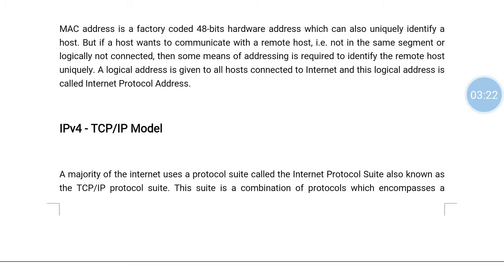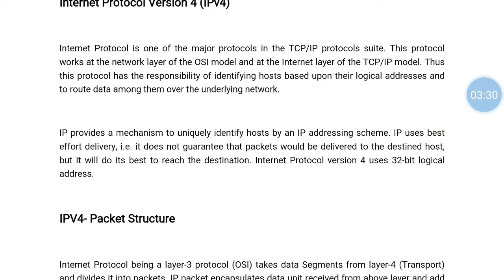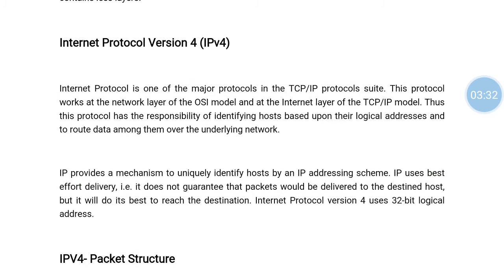This logical address is called the internet protocol address, which we know as the IP address. Now, what does the IP address do? The IP address is the address of the receiver node in the network, and it is used when we are using a wireless medium to transmit the data.